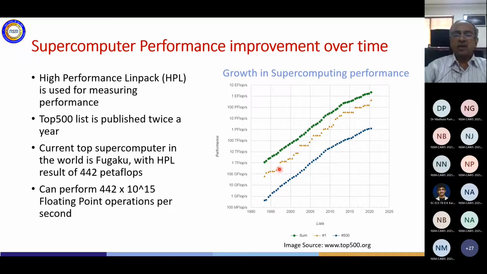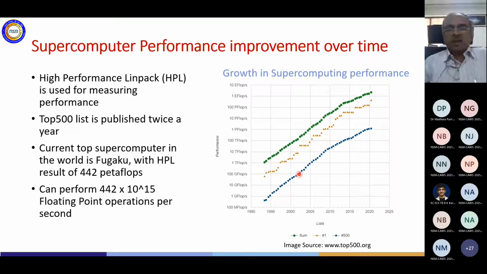Another thing that you can find out is that the supercomputer which is number 1 here in, let's say, 1994, if you take a horizontal line here like this, by let's say 2003 it would become number 500, because better and better supercomputers have come in. So what are we trying to indicate through this graph? That improvement in performance is constant.